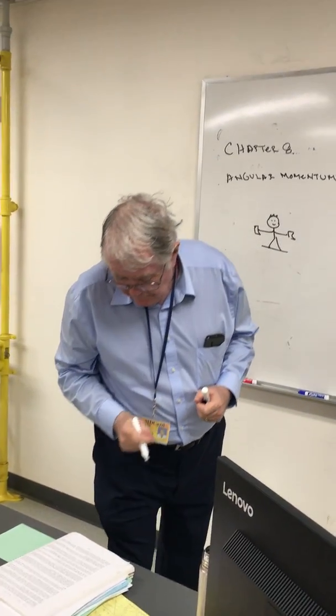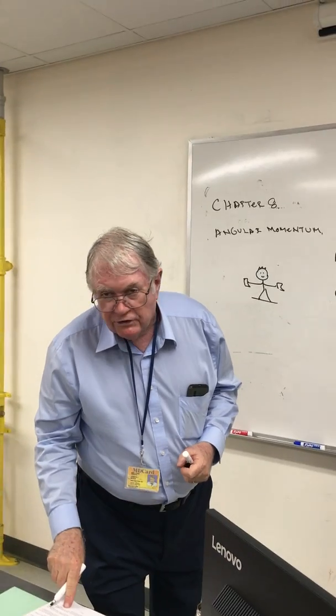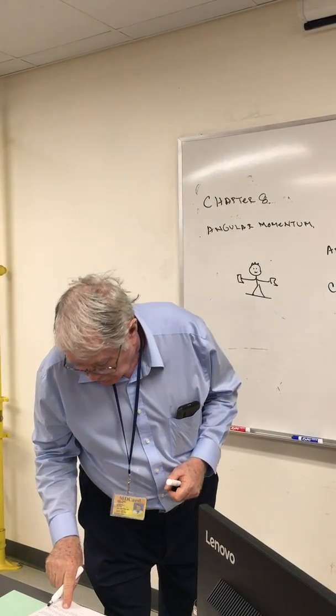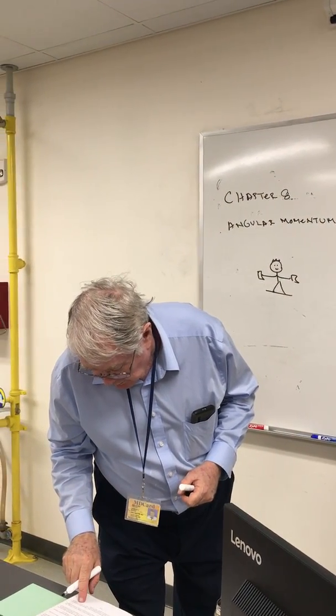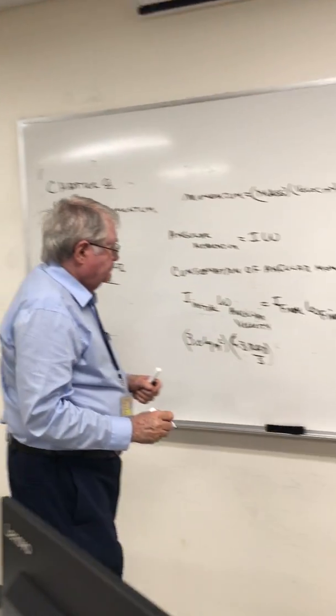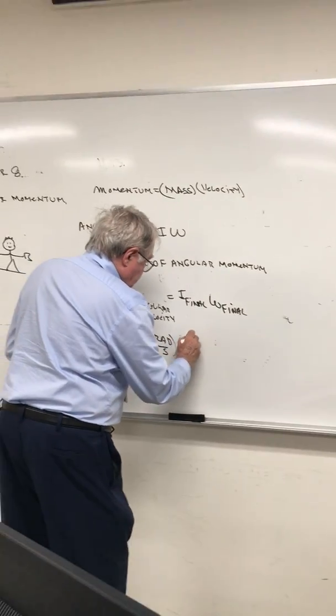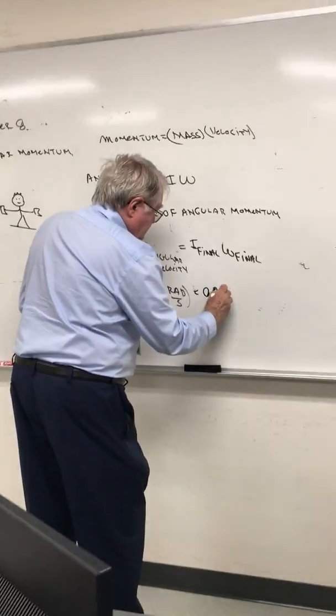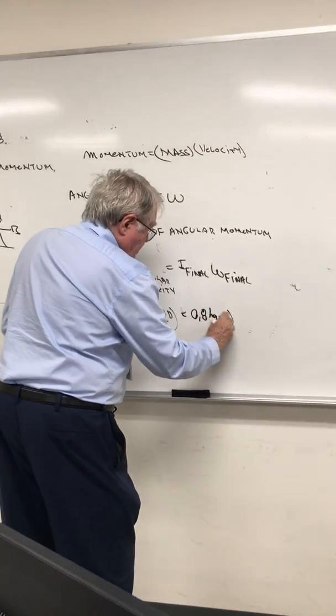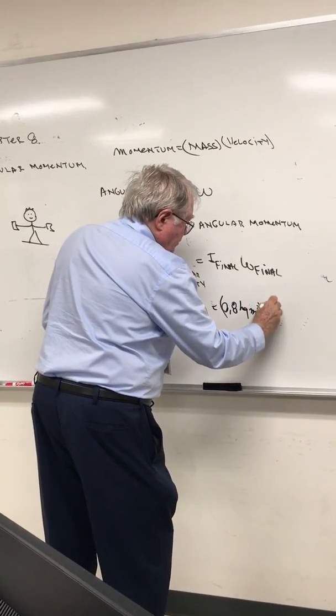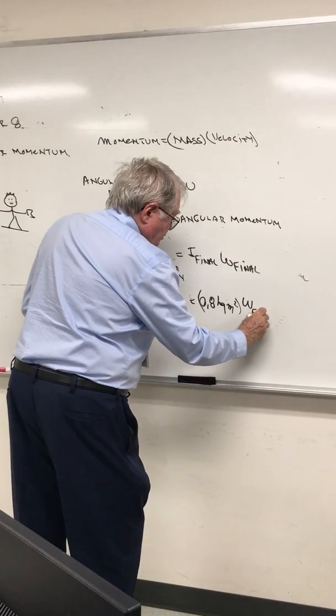Then she draws her arms in closer, and what happens is the R goes down, so the moment of inertia is also going to go down, and it says it decreases to 0.8 kilogram meters squared. And now we have to figure out what the final angular velocity is going to be.